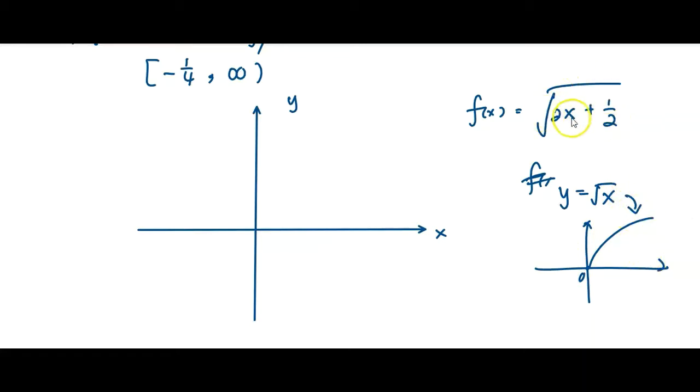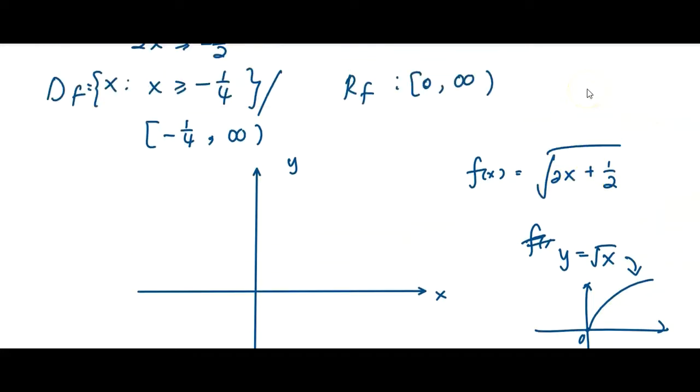If you have the square root of 2x plus 1/2, this function has the same shape as this graph, but the graph will just shift to the left because our domain starts from negative 1/4, meaning your starting point, the origin, is now shifted 1/4 unit to the left, and the shape of the graph remains unchanged.